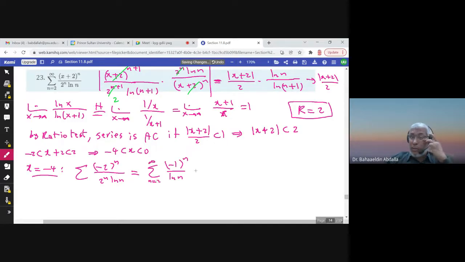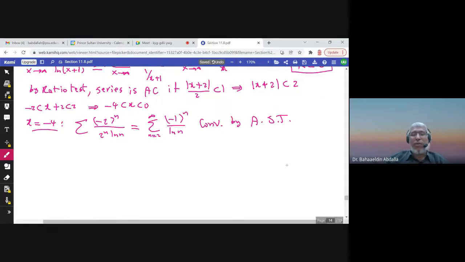This is a convergent series by the alternating series test, because the limit of 1 over ln n when n goes to infinity is 0, since ln infinity is infinity and 1 over infinity is 0, and 1 over ln n plus 1 is less than 1 over ln n because ln n plus 1 is greater than ln n, because ln is an increasing function.